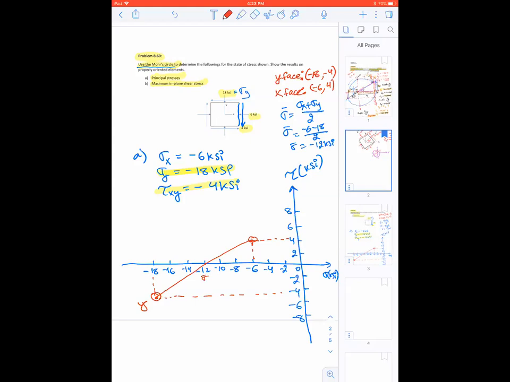Now, if you have access to a compass, then you can put the compass here, take this to be your radius, and easily draw a nice circle. Right now I cannot do that, so I'm just going to draw an arbitrary circle.